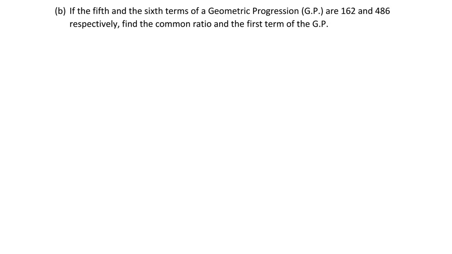To solve the problem, we are going to use the general formula for a geometric progression, which says Gn equals G1 R power n minus 1. For the fifth term, n is going to be 5 and Gn is going to be 162. Let us substitute these values into our formula.